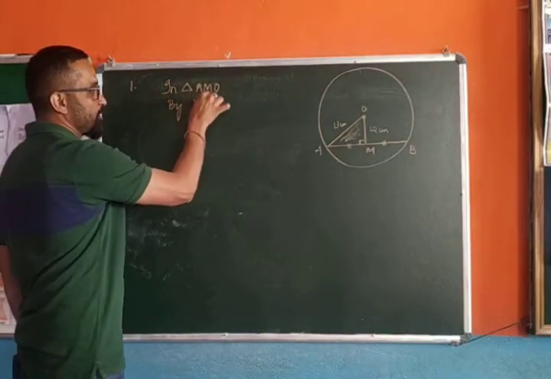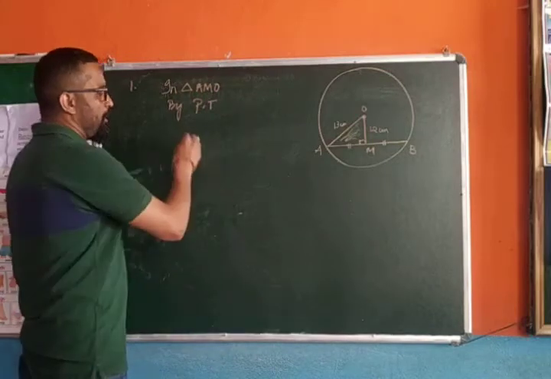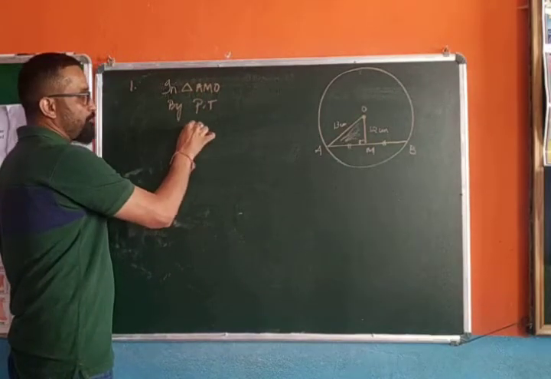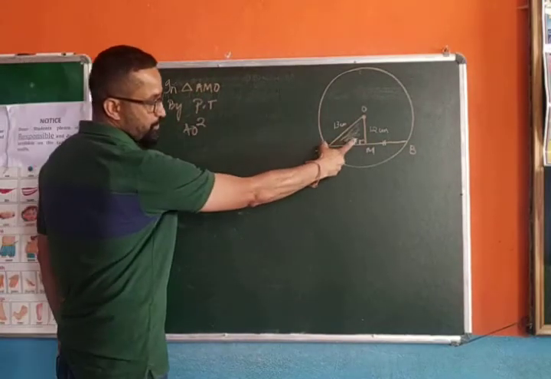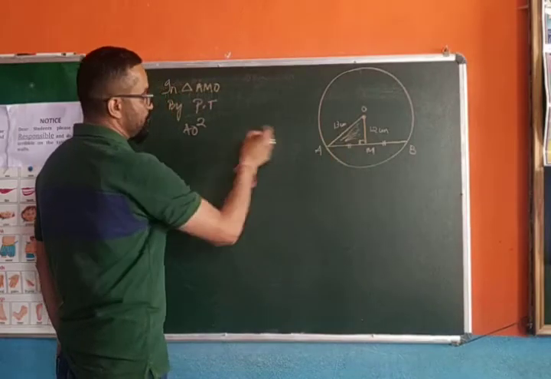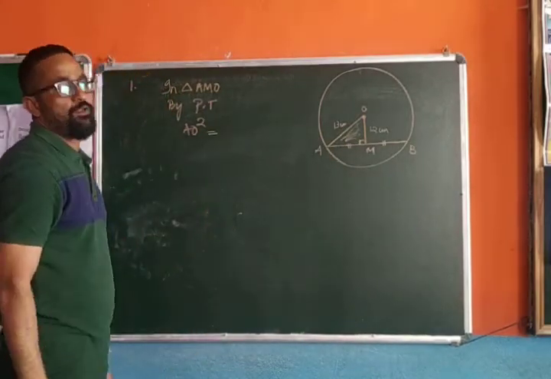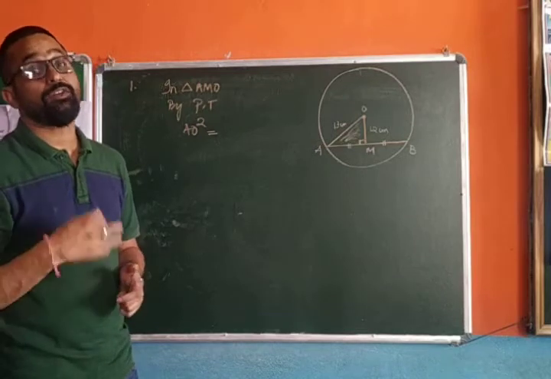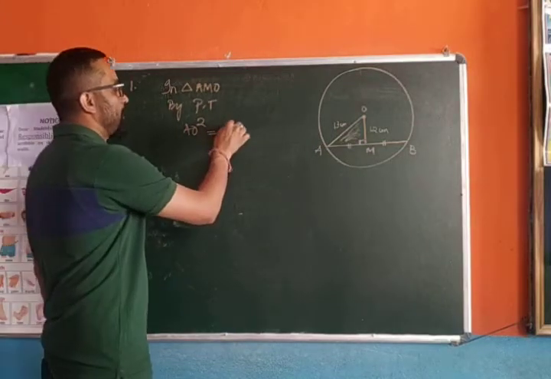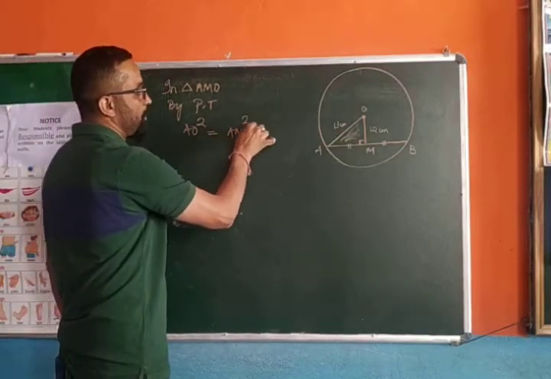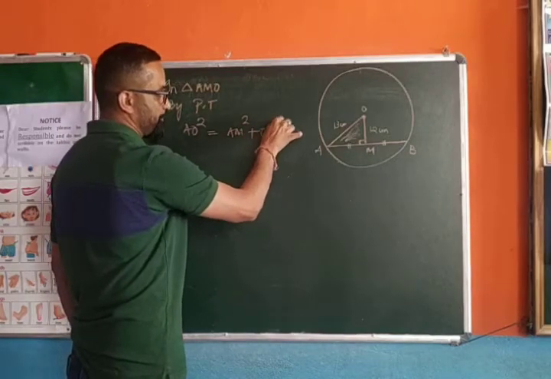By Pythagoras theorem, square of hypotenuse, opposite of 90 is hypotenuse, is equal to the sum of the square of other sides. So you write AM square plus OM square.